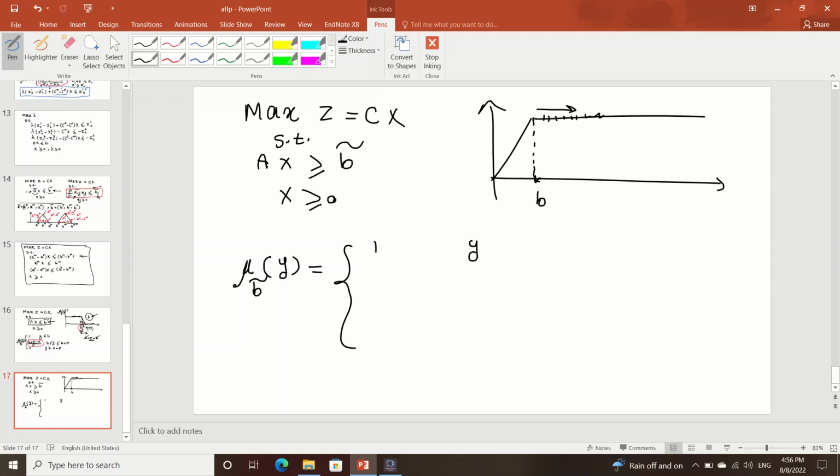Y greater than b, and for y less than b minus p, and this distance equals p. And the fraction is obtained by dividing.